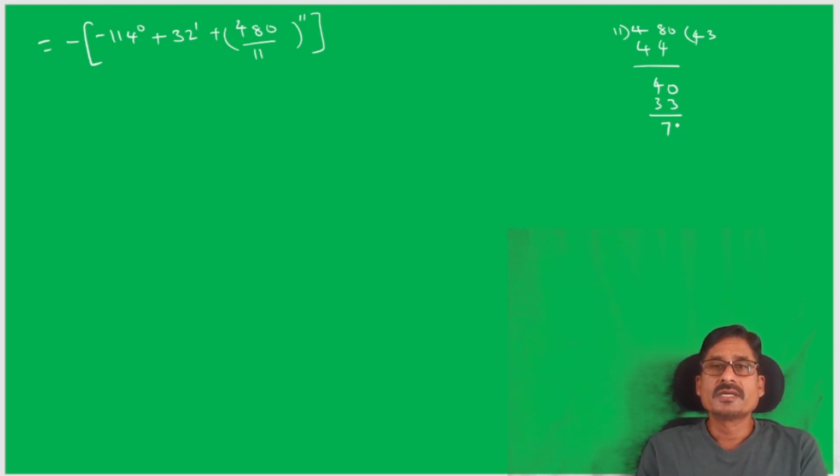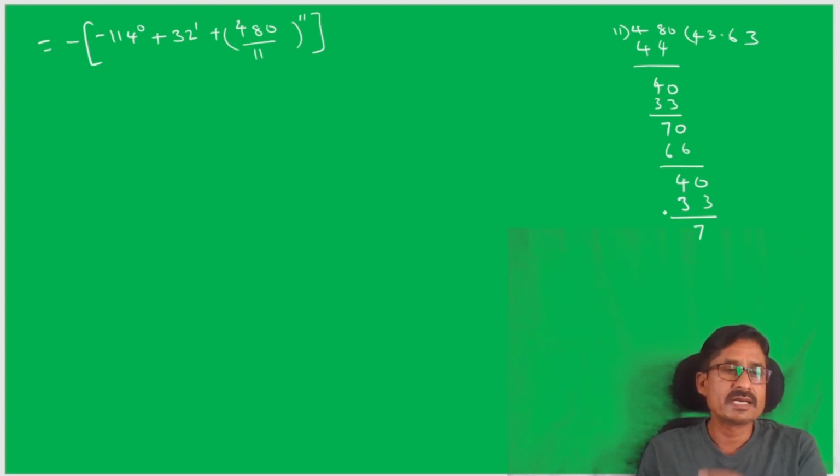Now here 0 is over. Now put a point, because the last one is only seconds. 0, how many times? 11 6s are 66. What is the remainder? 4. Now if you take a 0, 11 3s 33, 7 is remainder.